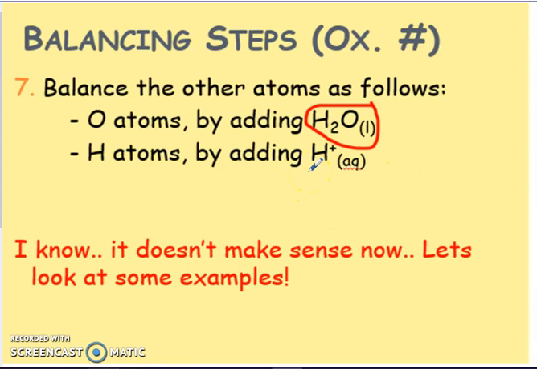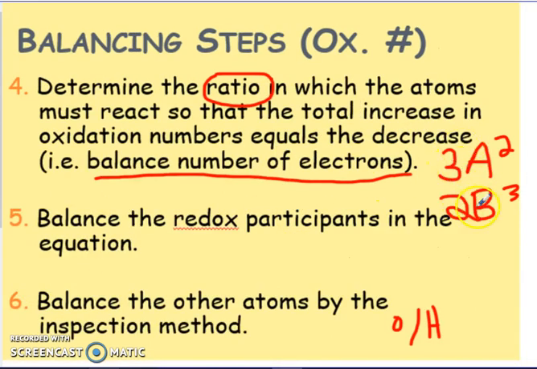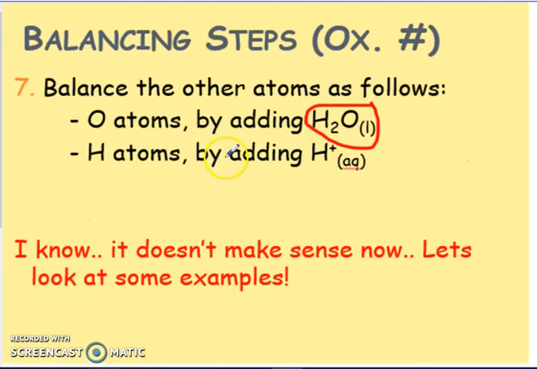Now, the reason why we don't want to start changing coefficients for these elements is because we've already done the coefficients to balance out the electron movement. If we start changing the coefficients in the reaction, we're going to throw the electron count off. So you want to have more of that element, but we're not necessarily going to be changing the molecule that's involved in redox.